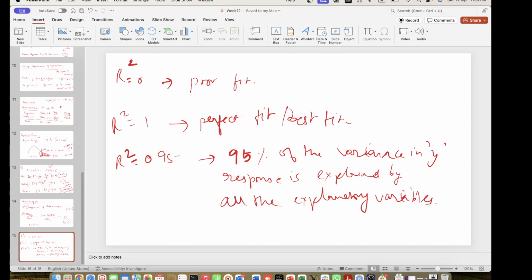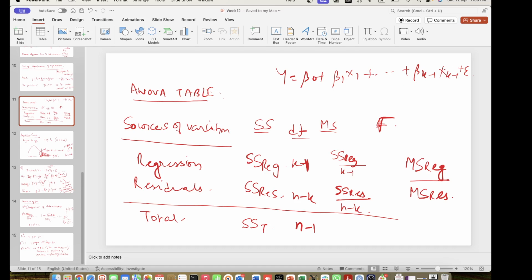So the x's here are the explanatory variables. What I mean to say is that in this particular model, because this is a model with intercept, the number of explanatory variables is always 1 less than the number of unknown parameters.